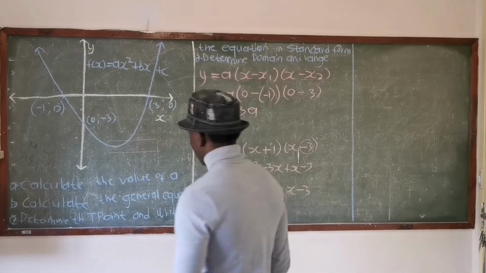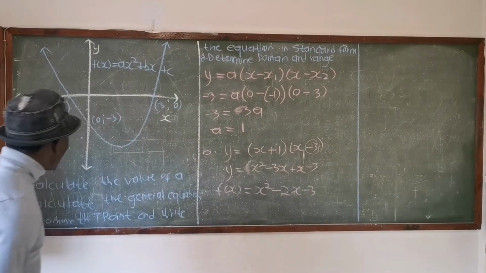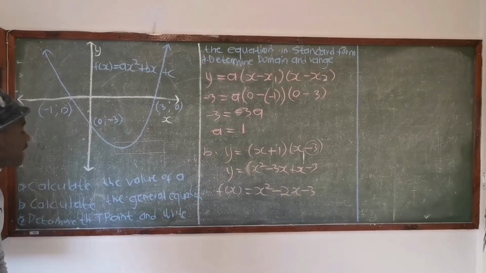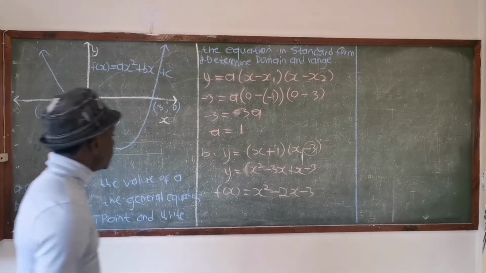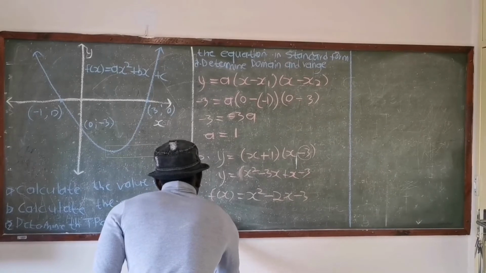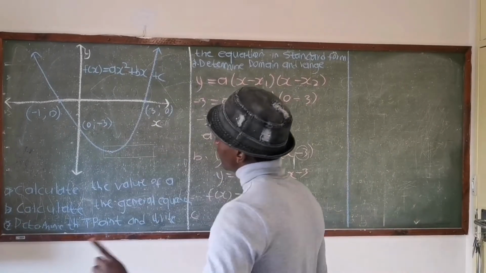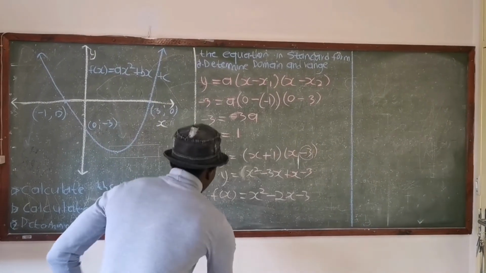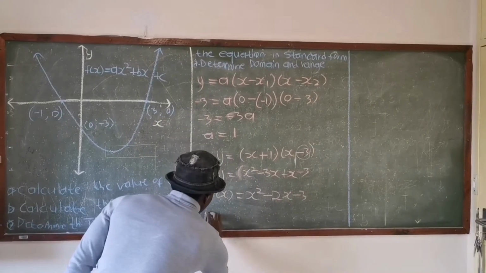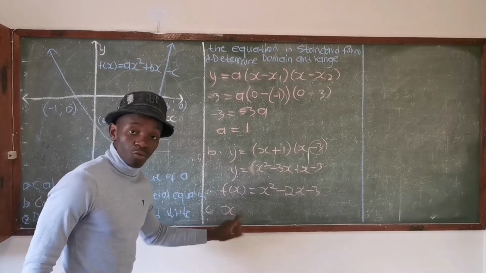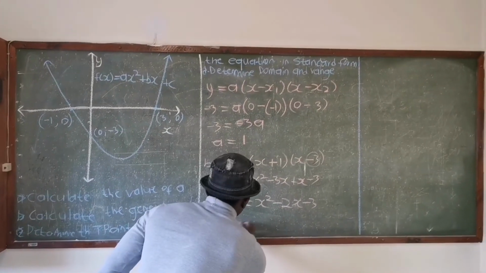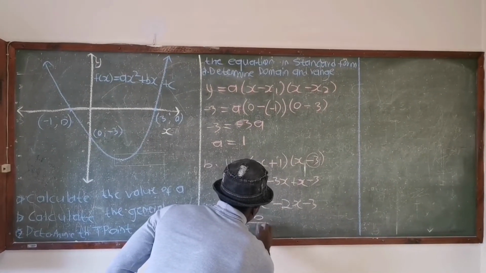Therefore, our final general equation is f of x equals x squared minus 2x minus 3. Then now we're going to have to determine the turning point, and we're going to write the equation in the standard form. Firstly, let's see the turning point. As I have said, since we have the general equation, we use the equation for determining the x value of the turning point, whereby x equals negative b over 2a.